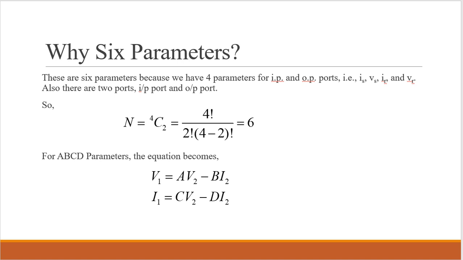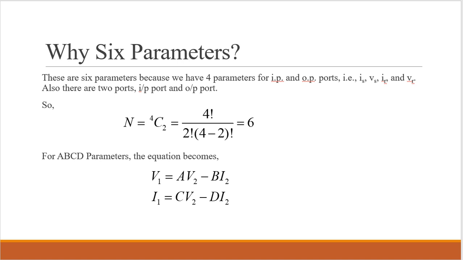So we have 4 parameters for V and I. Likewise, we have 2 ports, one the input port and the other the output port, right? Applying the formula n is equal to 4C2, how many combinations can we get? We get 4 factorial divided by 2 factorial into 4 minus 2 factorial, right? So in this way we have found n is equal to 6.